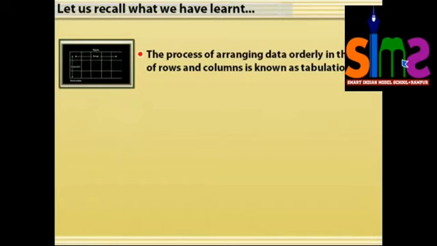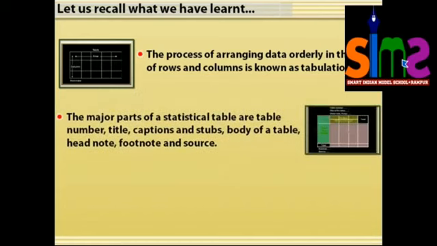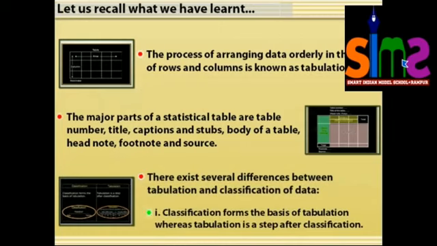The process of arranging data orderly in the form of rows and columns is known as tabulation. The major parts of a statistical table are table number, title, captions and stubs, body of a table, head note, footnote and source. There exist several differences between tabulation and classification of data.